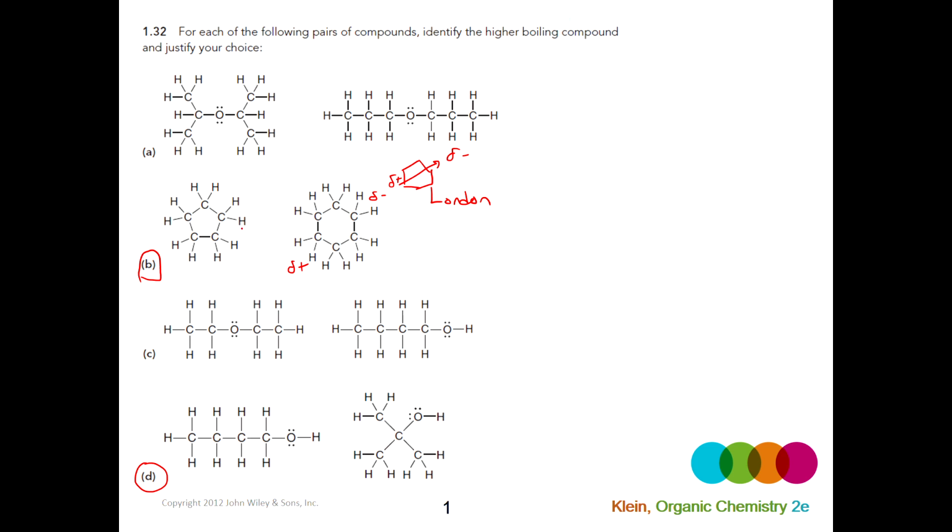So if the only type of attraction between two 6-membered rings is London forces, and the only type of attraction between two 5-membered rings is London forces, well, how do I judge which one has a higher boiling point? Well, I have to look at either how strong the London forces will be or how many instances of partial charge formation can occur around the surface of that structure.